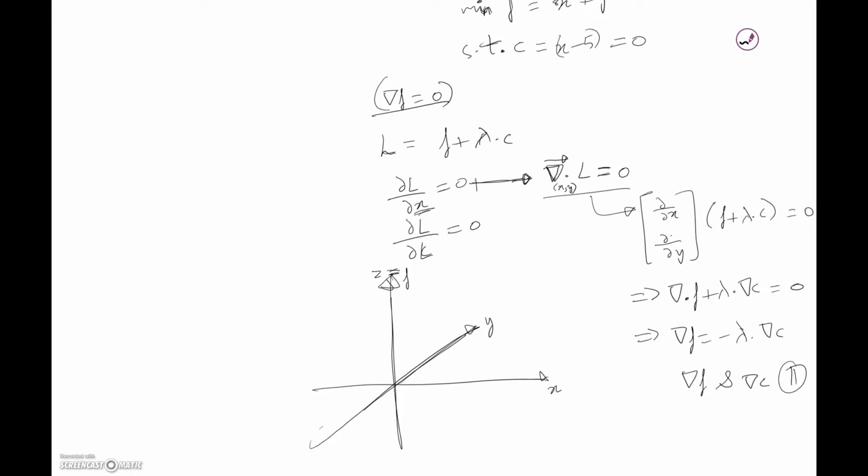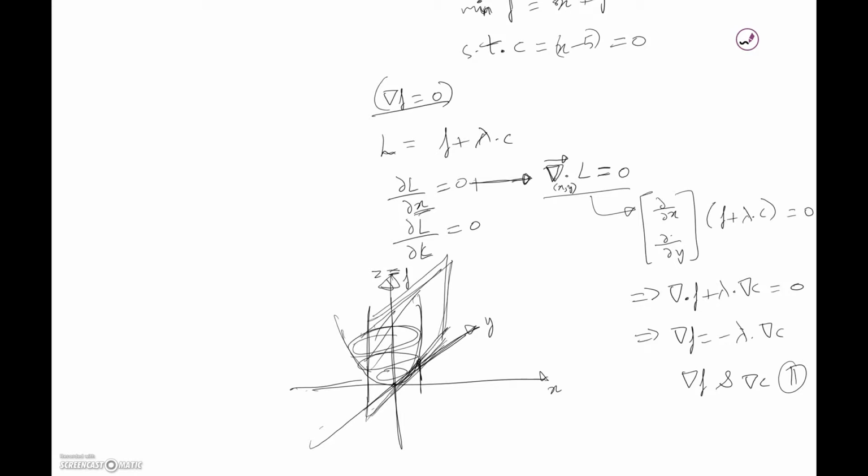What's the intuition behind that? Now we know we have our nice little paraboloid here, and we also have our constraint, which is the plane perpendicular to the x-axis, and this is the plane of the constraint which I've drawn here.